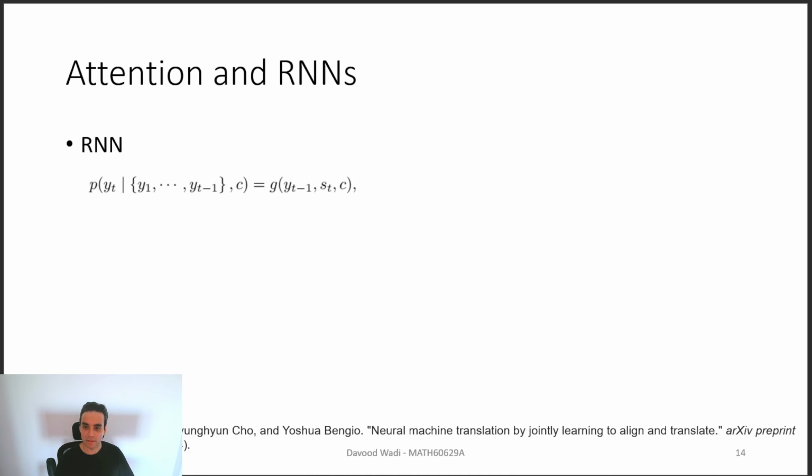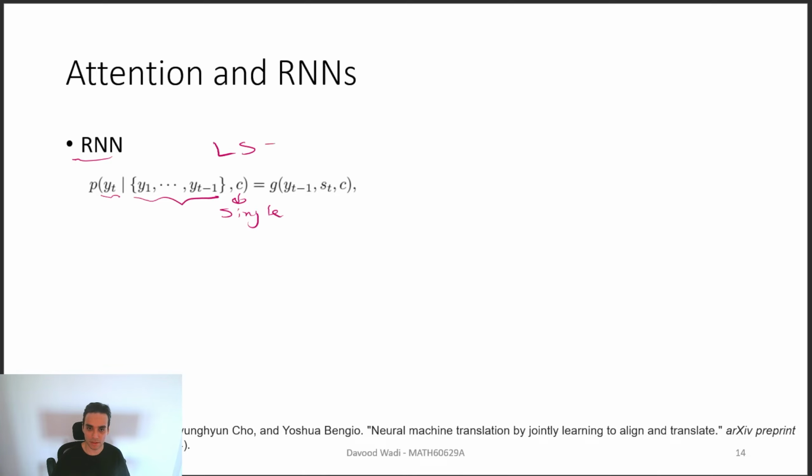So if we zoom in on what an RNN is, it's basically a conditional probability that determines the probability of Yt, the prediction at time t, as a function of previous Y's that were generated, plus a single context vector.